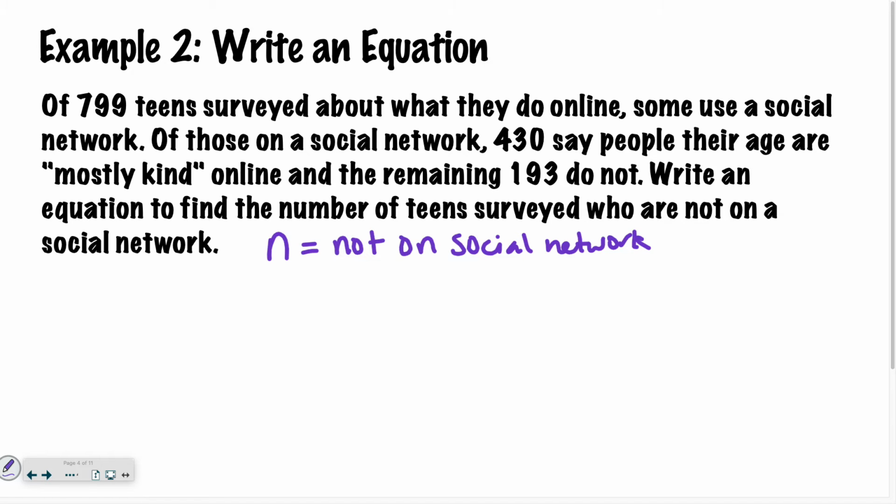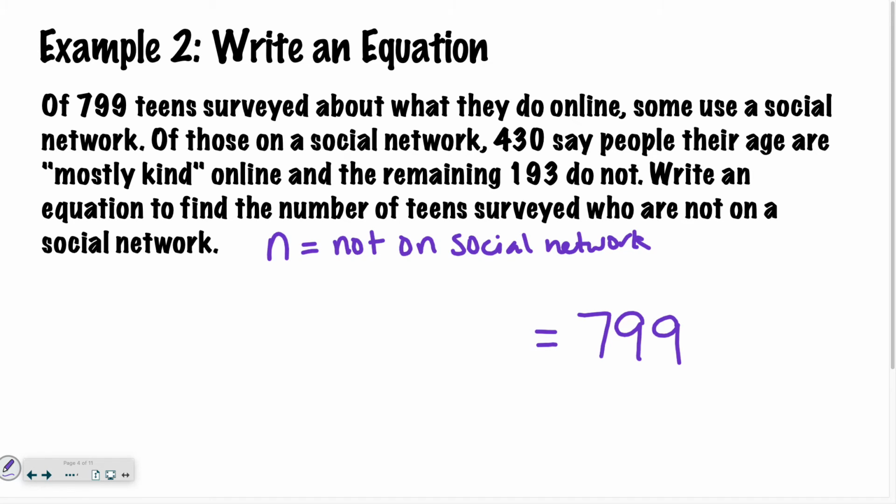For this one, I'm using n. All right, and then the other piece of information I know is that there are 799 teens total. Usually when we have a total, that means we set something equal to our total. So I'm going to say equals my total, 799.